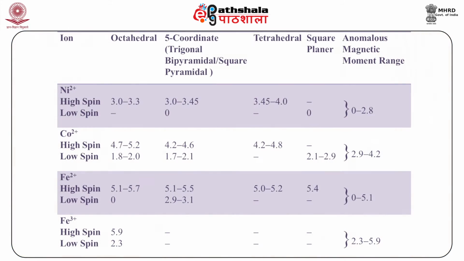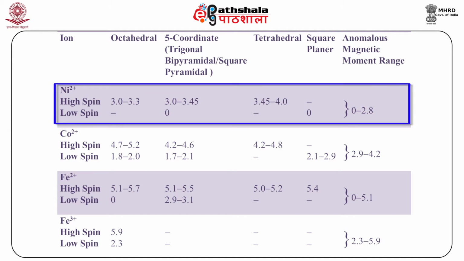The normal and anomalous magnetic moments for nickel 2 plus, Fe2 plus, Fe3 plus and cobalt 2 plus complexes are summarized here in a table. From this table, we can see that the range of anomalous magnetic moment for the nickel 2 plus complexes is 0 to 2.8 Bohr magneton.